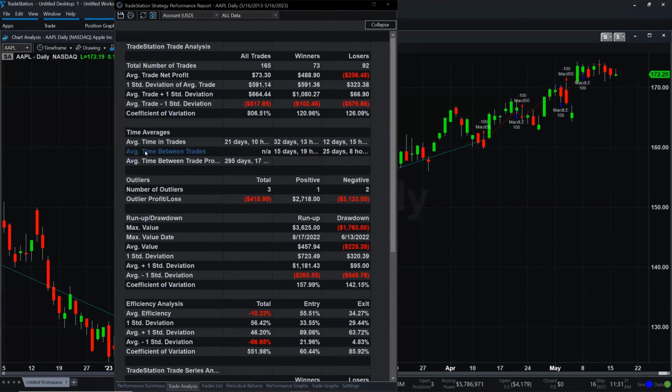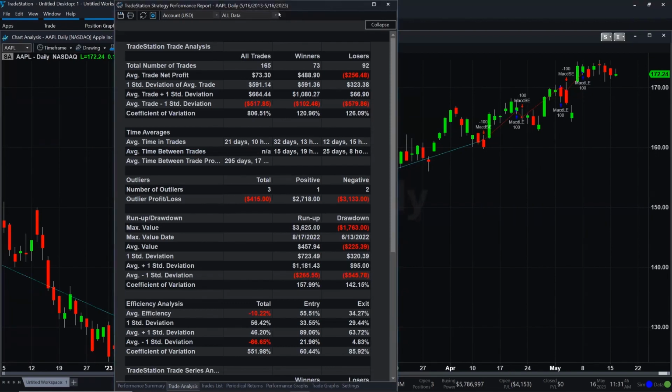What we're allowing the strategy to do is flip you back and forth between a long trade and a short trade. So when it tries to calculate the time between trades, there's no time between trades. You're pretty much always in the market. If I were to include a stop loss in here, then I would have a metric that measures how long I am in the market without any trades.